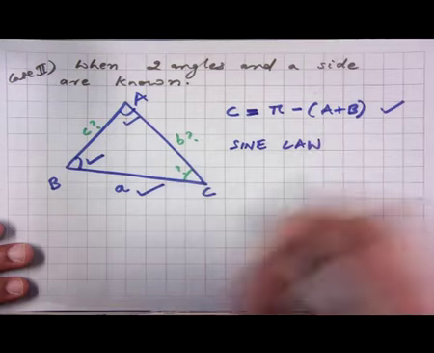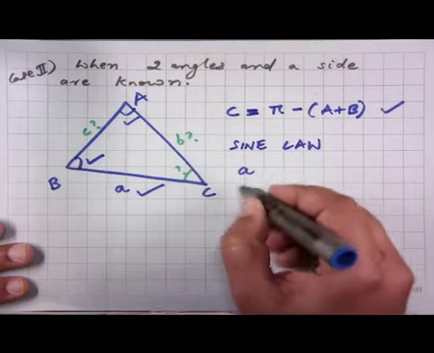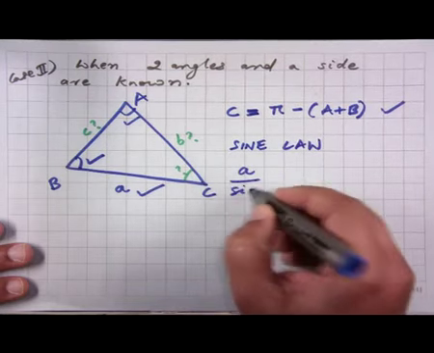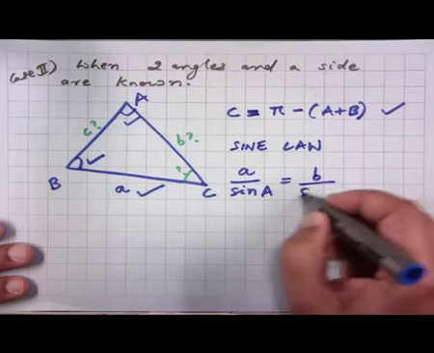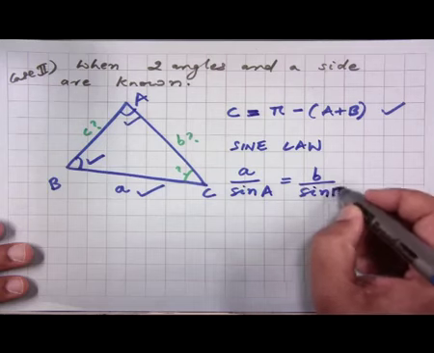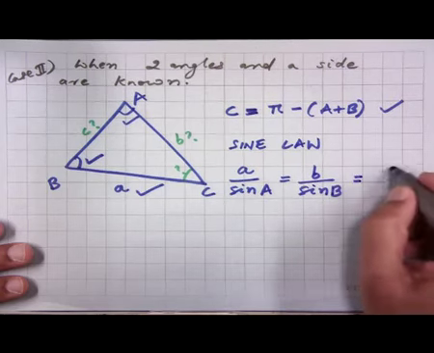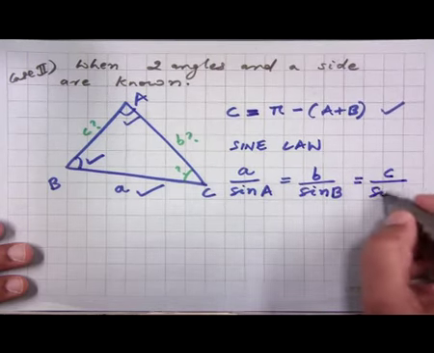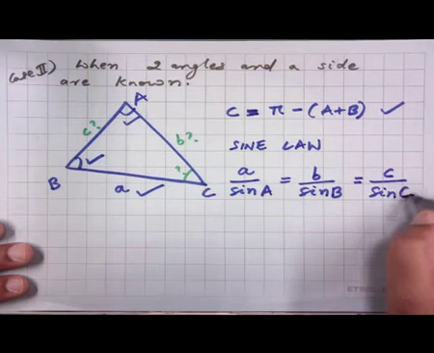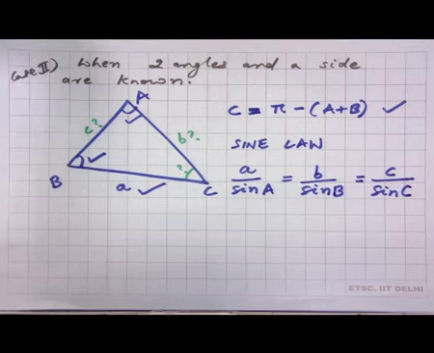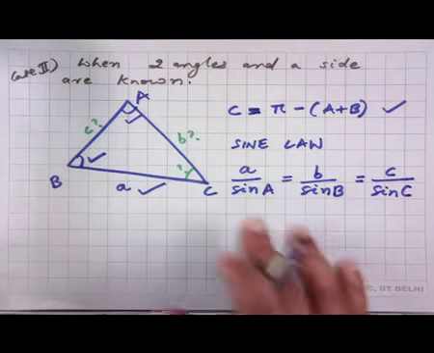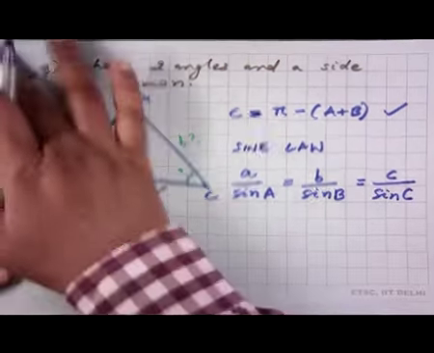from the sine law we have a upon sine A equals b upon sine B equals c upon sine C, right, and this is true for any triangle that we can construct.